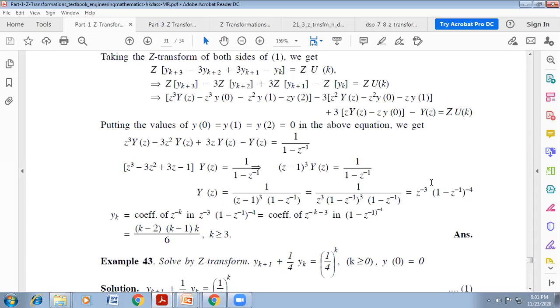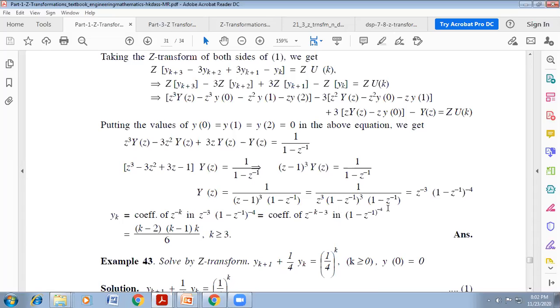In the previous example we have solved this kind of series, so visit the previous lecture. So z to the power minus 3 into (1 minus z to the power minus 1) to the power minus 4. The coefficient of z to the power minus k minus 3, just by multiplication, in this (1 minus z to the power minus 1) to the power minus 4, will be in this series equal to (k minus 2)(k minus 1) divided by 6, where k is greater than or equal to 3.